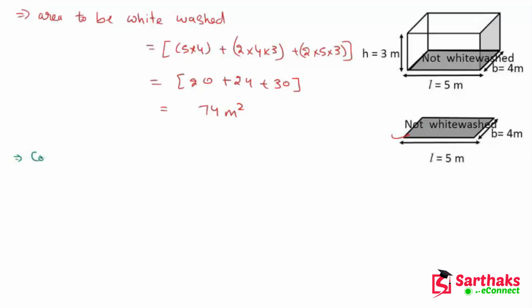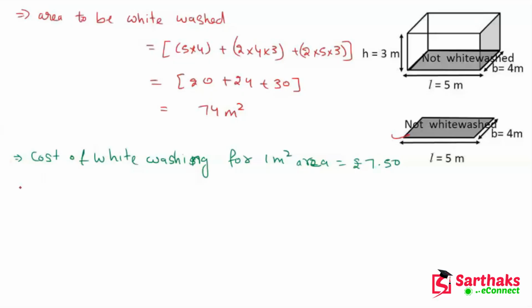So now we have the cost of whitewashing for 1 meter square area. This is rupees 7.50.